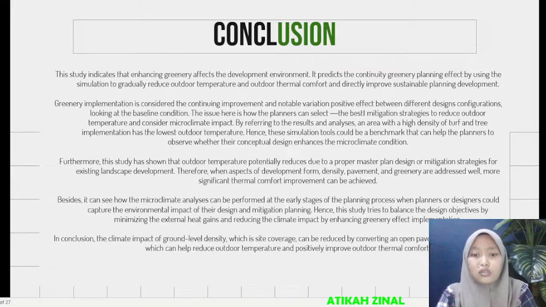Hence, the simulation tools could be benchmarked to help the planner observe whether their conceptual design enhances the microclimate condition. In conclusion, the climate impact of ground level density can be reduced by converting an open paved surface into greenery, which helps reduce outdoor temperature and positively improves outdoor thermal comfort.